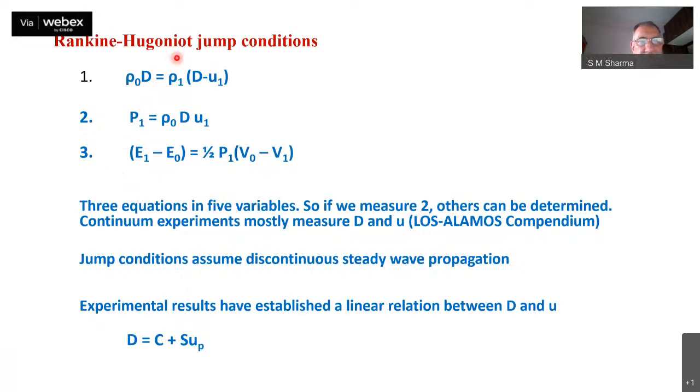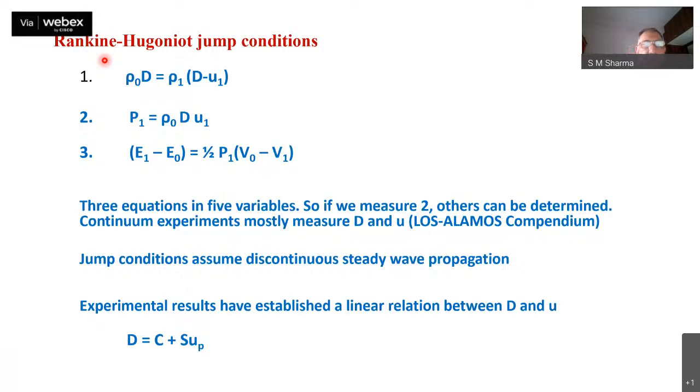These are unknown variables. So you have five variables in these three equations. That means for one to determine the shock state unambiguously, we have to know at least two independent parameters, because otherwise these become indeterminate. So two parameters need to be known, and then one can determine uniquely.